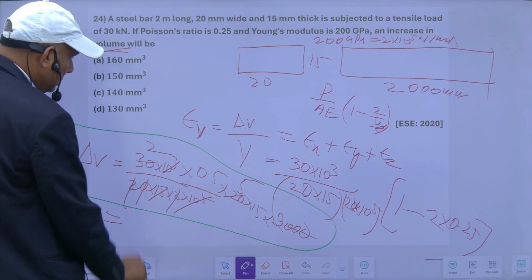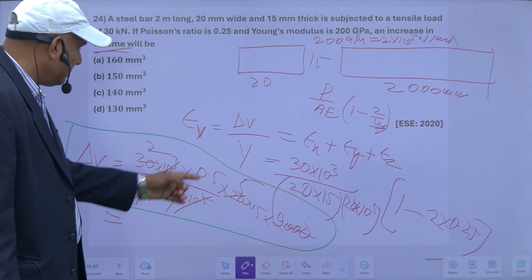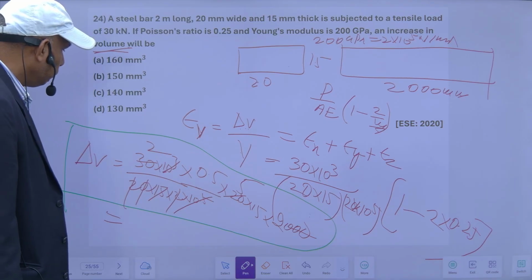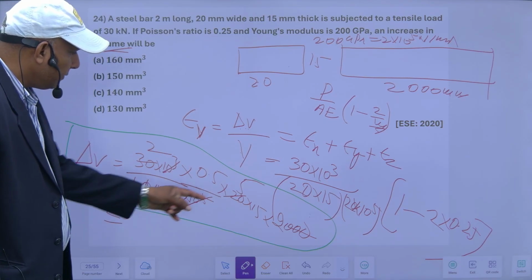So this 2 into this one will be 1, 1 into 5.